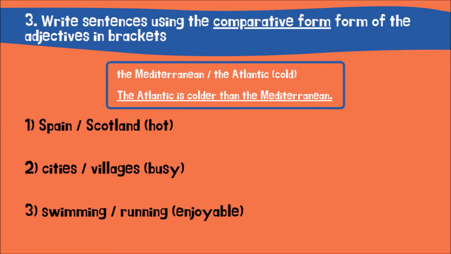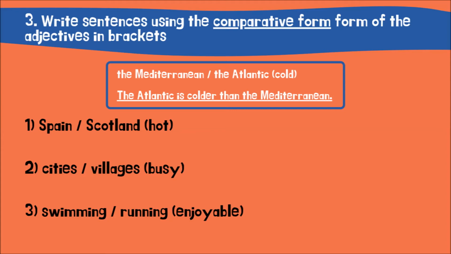Okay, next, let us move on to question number 3. Write sentences using the comparative form of the adjectives in brackets. Okay, tuliskan ayat menggunakan comparative form adjective di dalam kurungan. Okay, they give you the example, the Mediterranean / the Atlantic in bracket cold.